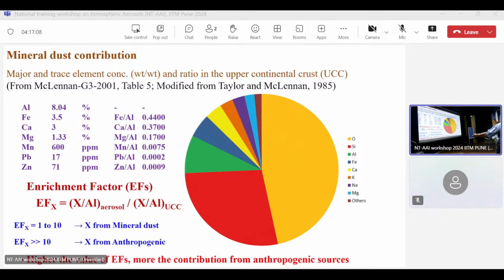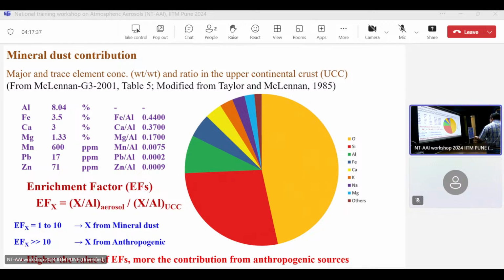So here I have written 1 to 10, you consider it as dust, because the dust is somewhere around that range. So up to 10, don't worry, you can say it is majority from dust, but more than 10, the higher the number, the more the contribution from non-dust sources.